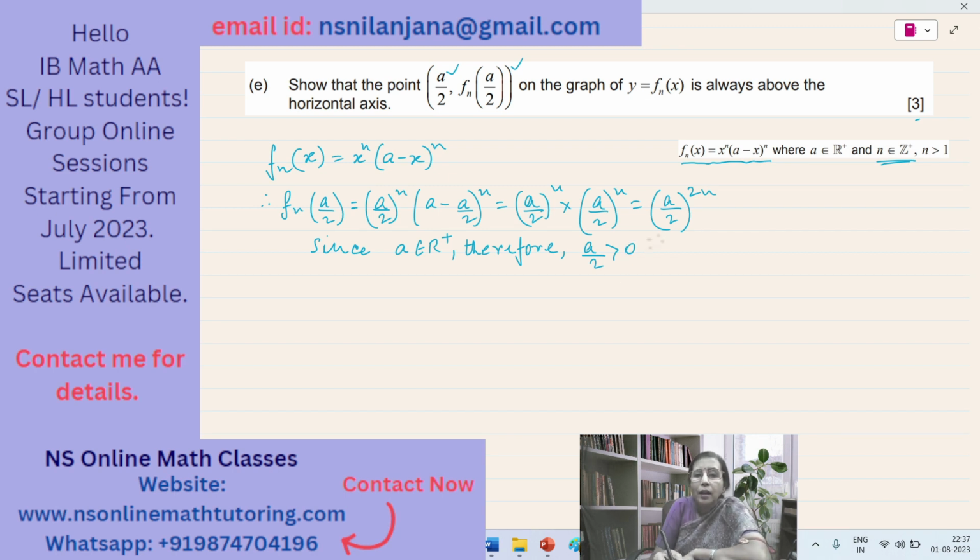And 2n is an even number because n is a positive integer, so 2n will be a positive even number.